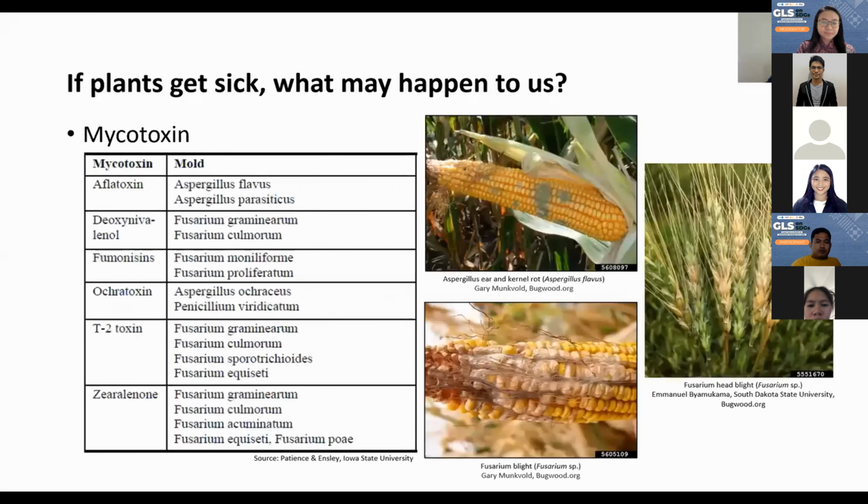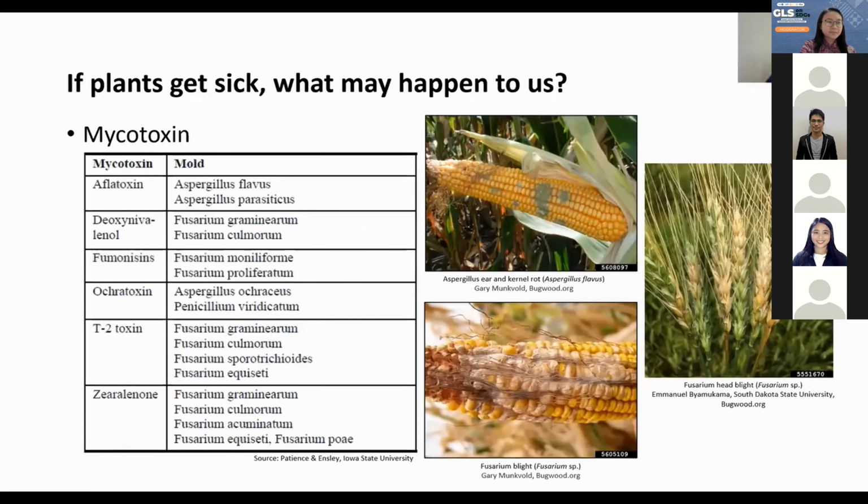One of the biggest concerns about plant disease is the fact that many plant pathogens can also produce toxins. One of the most well-known toxins produced by plant pathogens is aflatoxin. This toxin is carcinogenic, and these toxins can contaminate food.